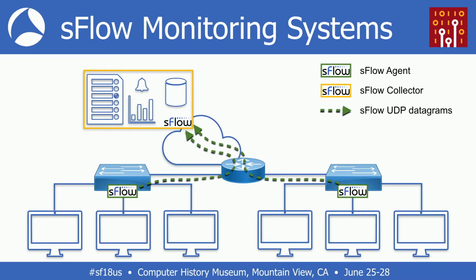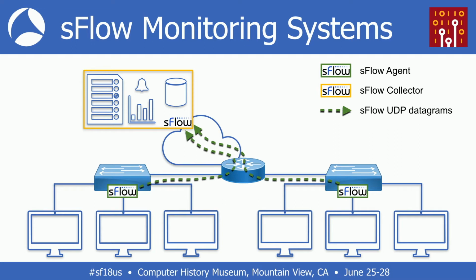So again, let's use a simple network topology to understand how an sFlow monitoring system works. Here you have the switches that are sFlow capable. You have your hosts that are doing traffic.